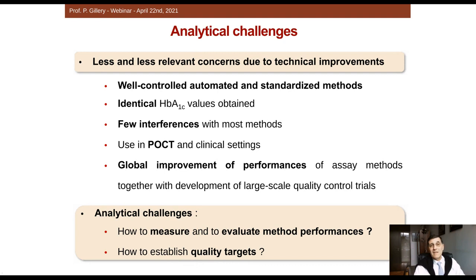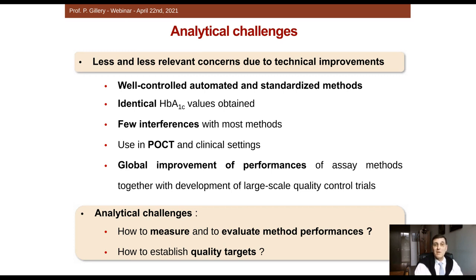Well, we can say that now there are less and less relevant concerns due to technical improvements of the methods. We can now use well-controlled, automated and standardized methods. Identical HbA1c values are obtained due to the standardization. With most methods, there are few interferences.